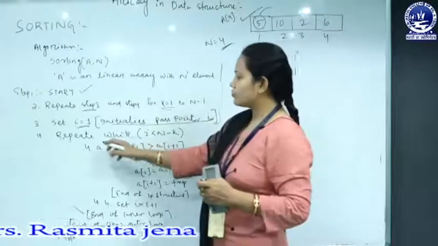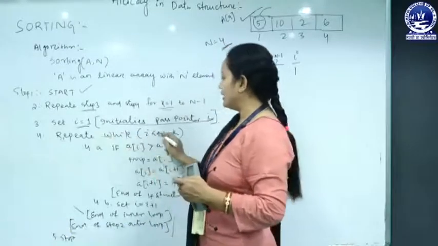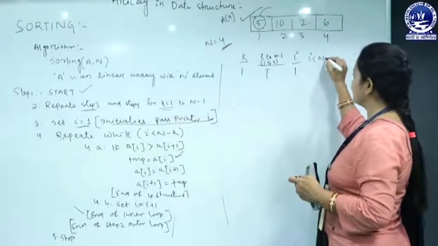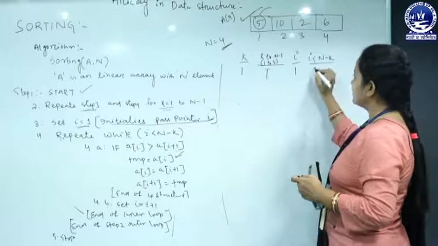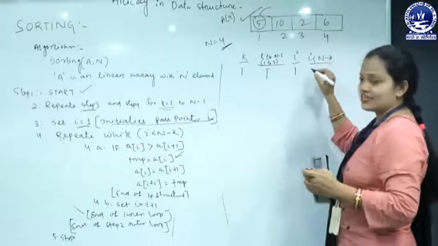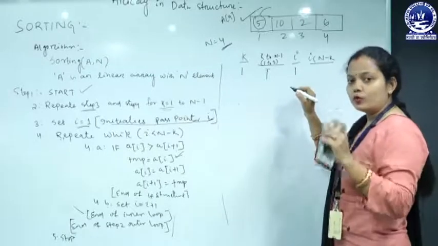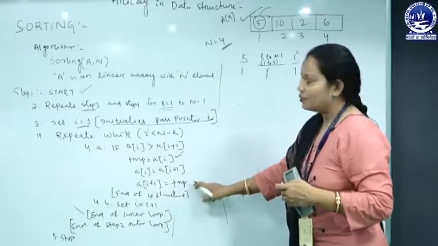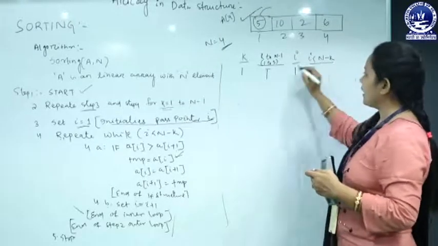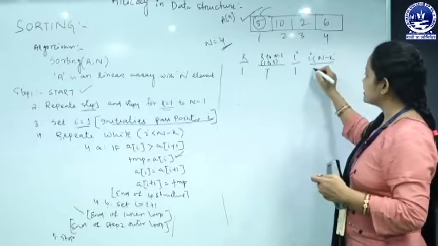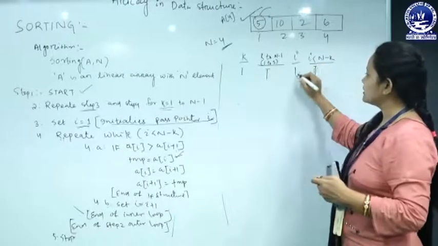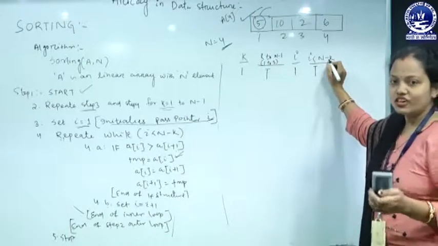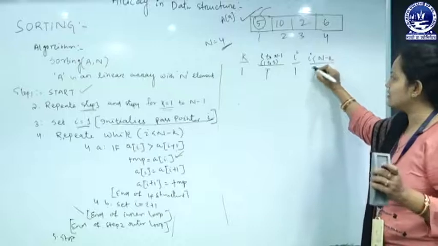For that, repeat while I is less than n minus k. That is the second condition: we check that I must be less than n minus k. If it is true, we proceed to the block statements. Our n is 4 and k is 1, so the condition is true because I equals 1 and 4 minus 1 is 3, so 1 less than 3 is true.